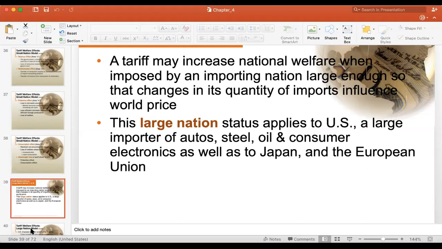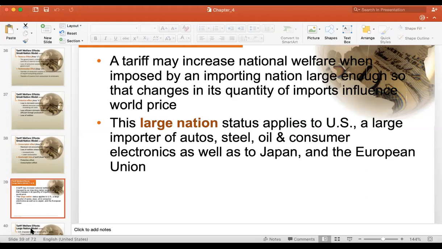What a large country can do to make this tariff work in its favor is to get the exporting country to reduce its price by an adequate amount, in which case the terms of trade will turn in favor of the importing country so that the gain from the terms of trade will more than offset the deadweight loss. If that happens, then the large nation's imposition of the tariff will work in its favor.